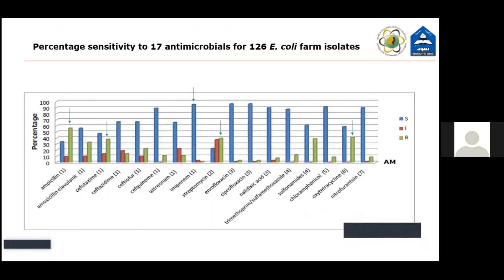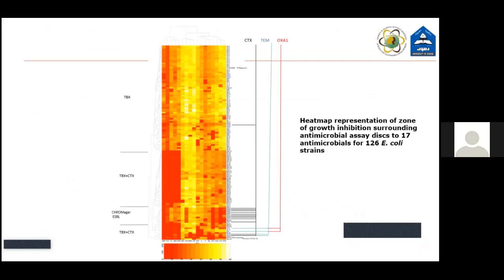Fluoxacin and enrofloxacin. The antimicrobial resistance profile of each E. coli strain was clustered using a graphical or heat map representation using color to indicate the level of resistance.